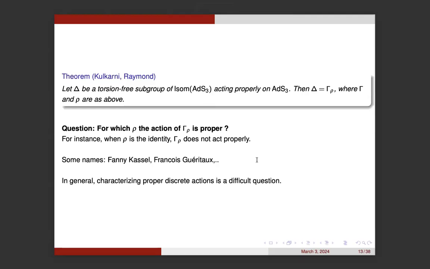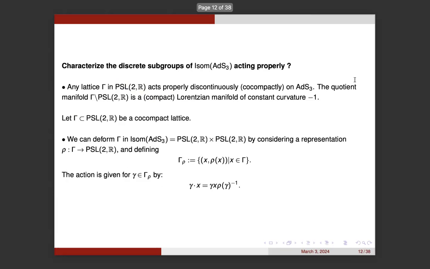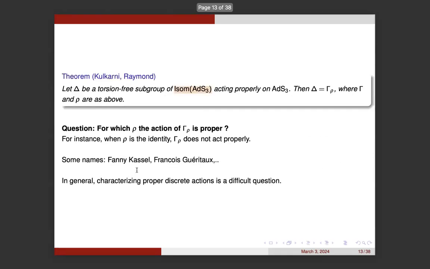Before that, Kulkarni and Raymond proved that any torsion-free subgroup of the isometry group of De Sitter space acting properly on De Sitter space is of this form I gave before. There is a representation such that gamma is of this form. So the question now is, for which representations is this action proper?